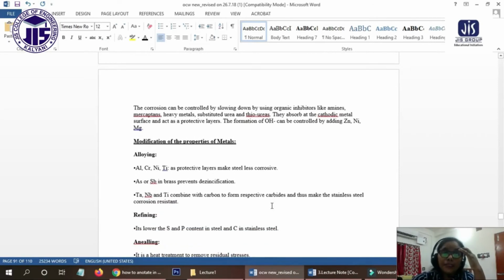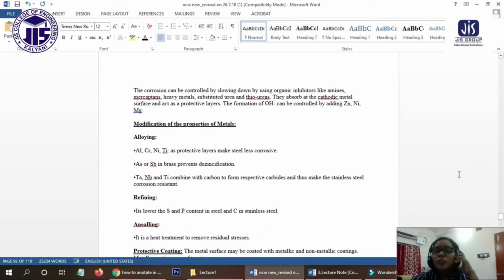And one more cathodic inhibitor we have, like zinc, nickel, magnesium, that we can use, because in the cathode also hydroxyl ion OH minus is produced. So that OH minus will react with the zinc and it will produce zinc hydroxide or nickel hydroxide or magnesium hydroxide, and thus our base metal can be protected. Okay, so these are some of the inhibitors we can use for the prevention process.